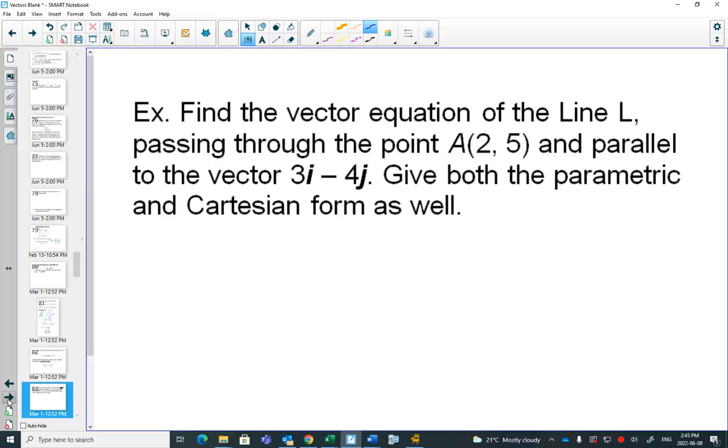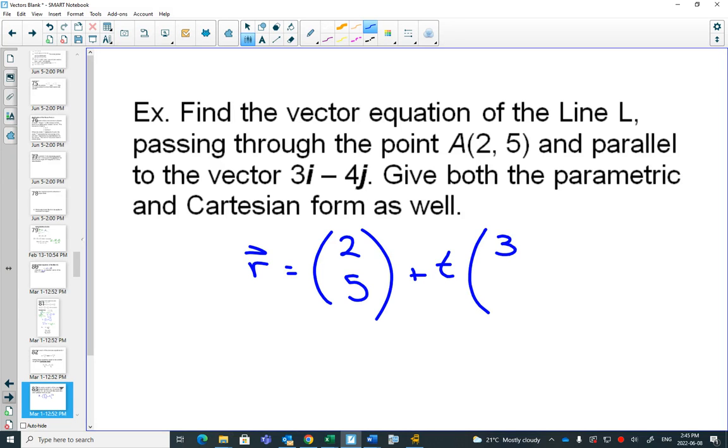So a vector equation of a line, which we always use r, not sure why, some point on that line, it goes through the point 2, 5, so there's a starting point, and it's parallel to 3i minus 4j, so that's your direction vector. 3 in the x direction minus 4 in the y direction.